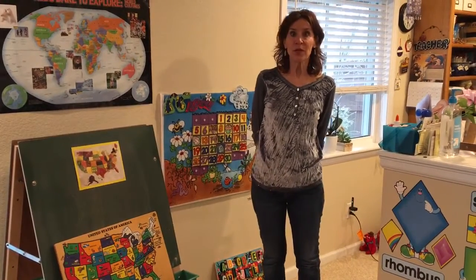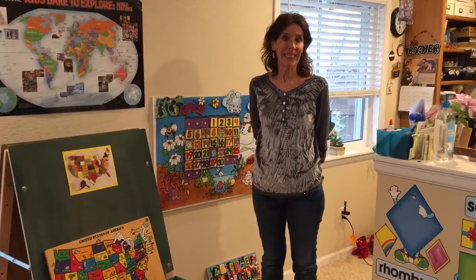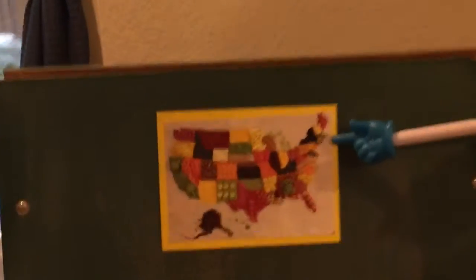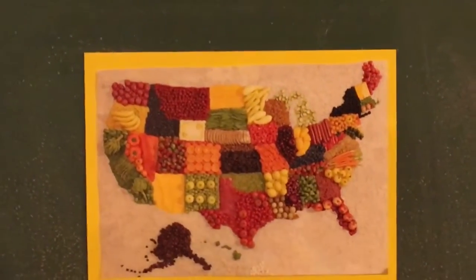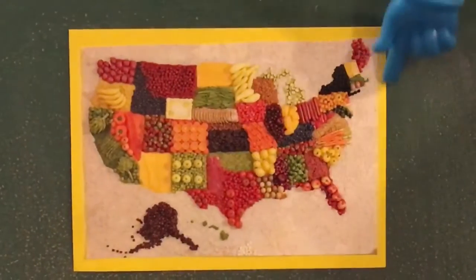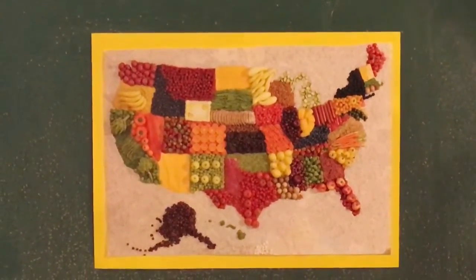Another one that we would be doing this month would be about something called the Healthy Eating Plate. And I want to have the camera come in and show you this fun map. So this is a map of the United States that comes with this unit, and it's all food on there, if you can see it. This is the shape of the United States, and all the states are a different kind of food.